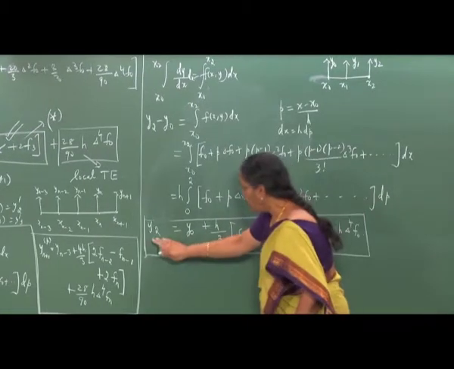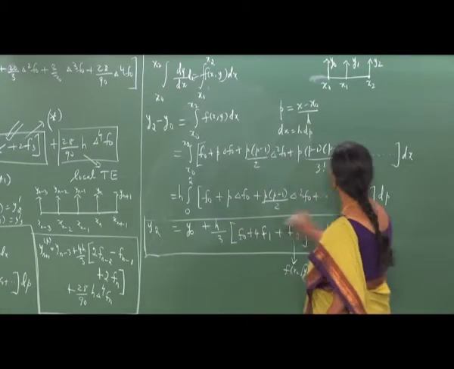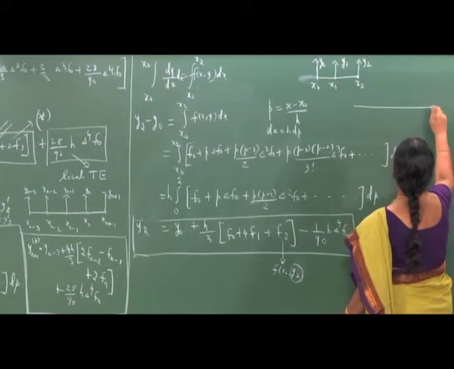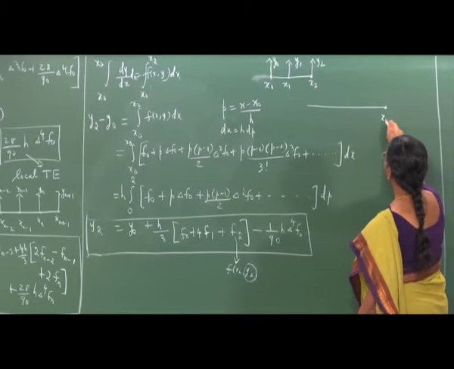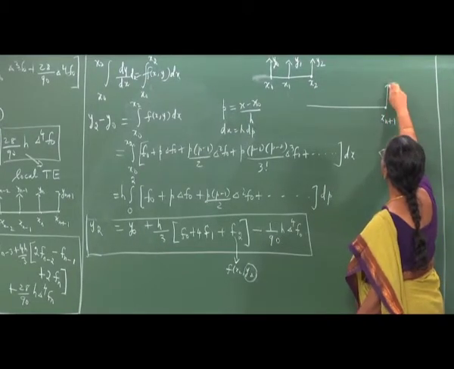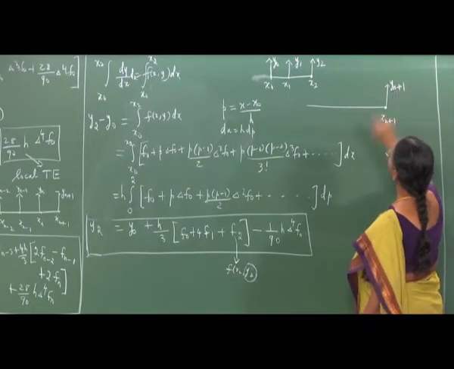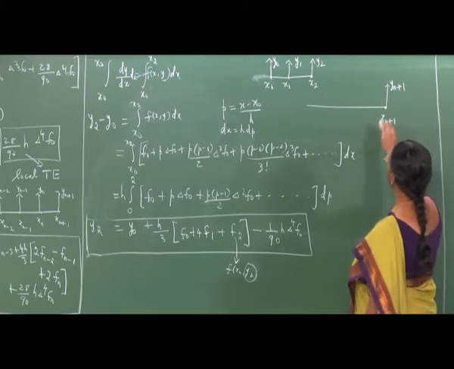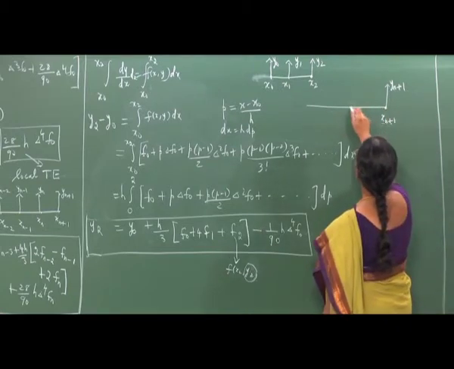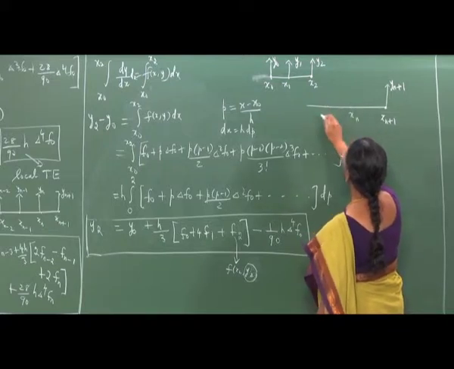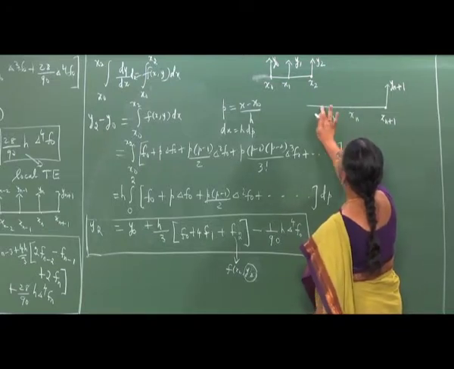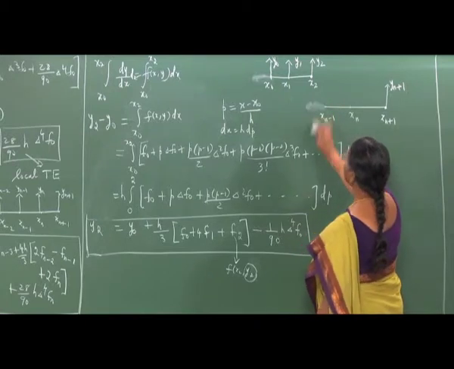Now, if I want to make use of this as a corrector and get the solution at this point, I call this point xn plus 1, at which I want to get yn plus 1. So, the previous point will be xn and the one before that is going to be xn minus 1.